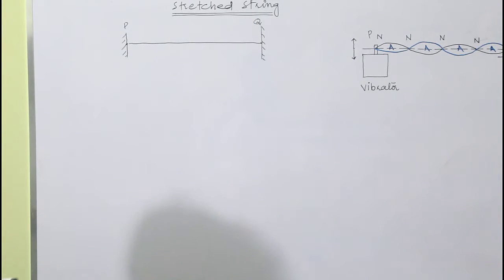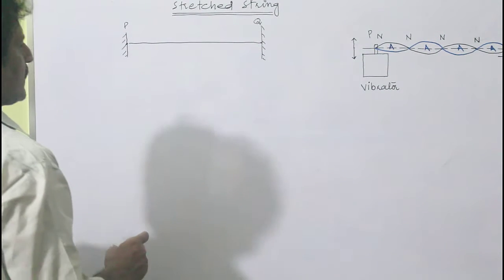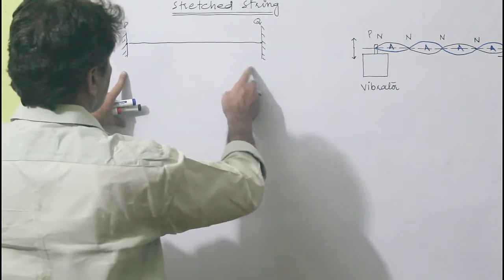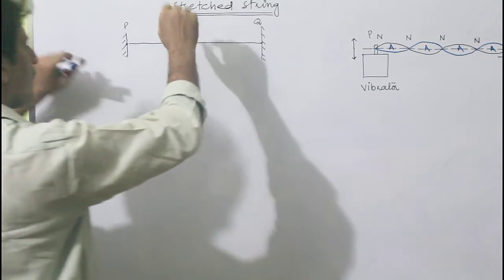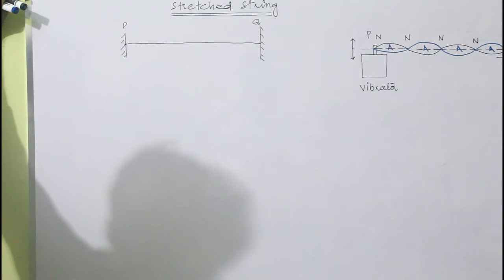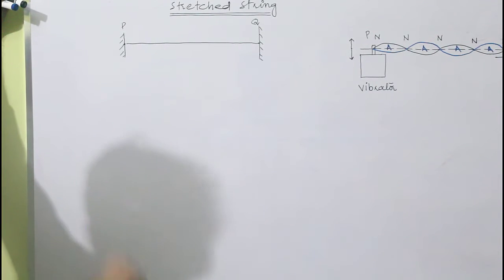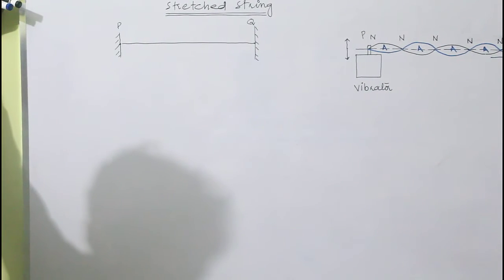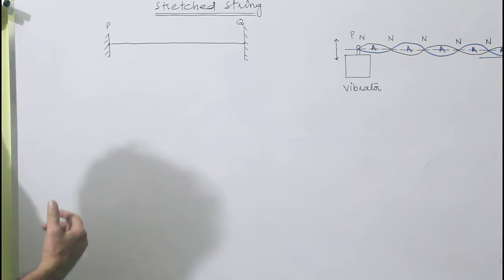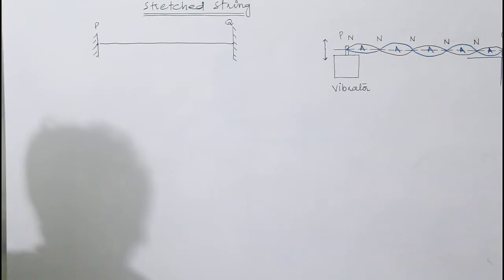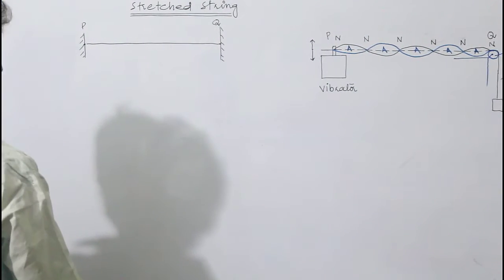Now I will generate the stationary waves in this stretched string. To generate these stationary waves, I will pluck this string from different positions to generate different numbers of loops with different frequencies, speeds, and wavelengths.